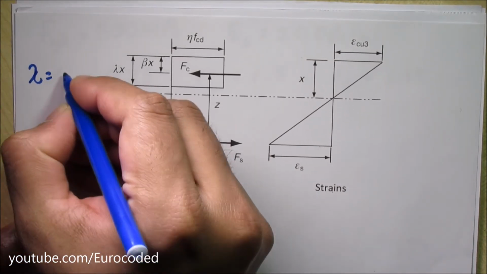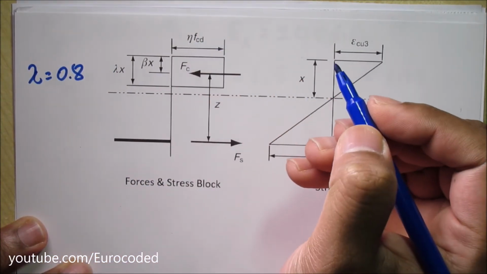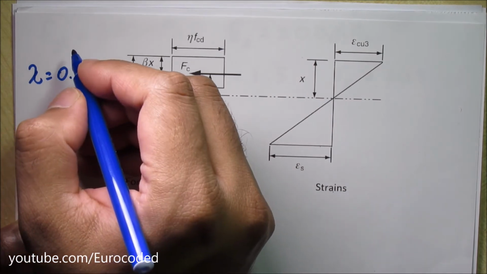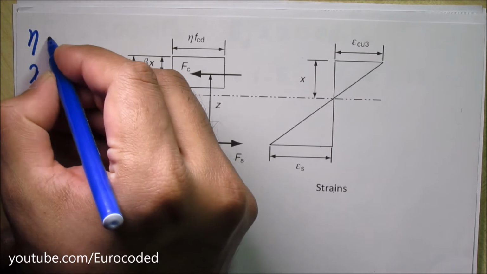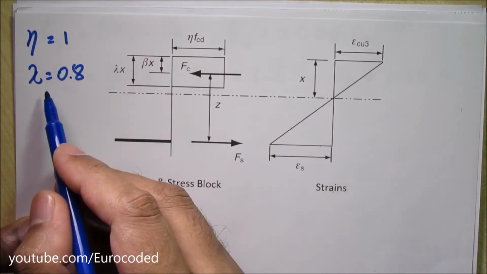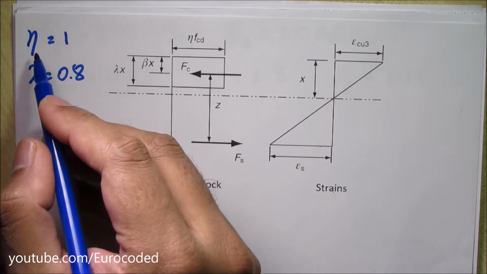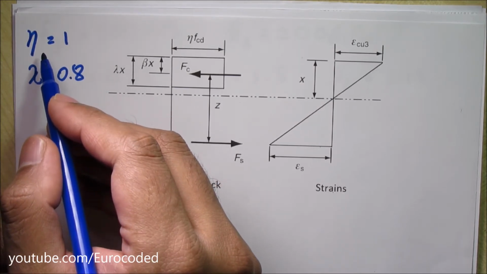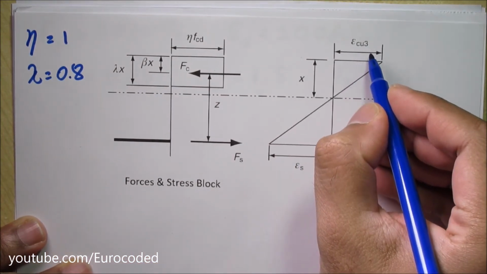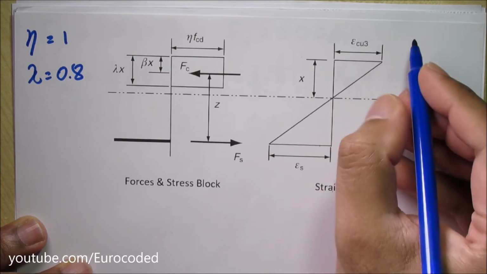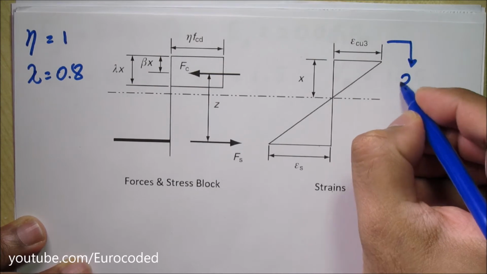Lambda is equal to 0.8. Then this eta is going to be 1 because our concrete grade is below 50 megapascals. Eta is equal to 1. Lambda is the effective height of compression zone factor and eta is the effective strength factor. And then we have epsilon cu3, the ultimate compressive strain in the concrete.